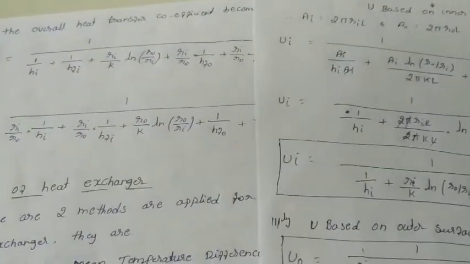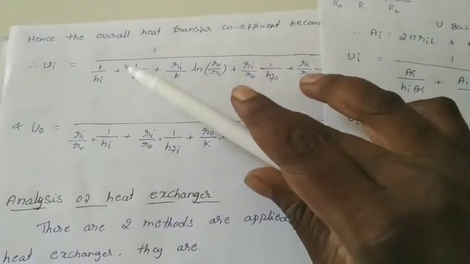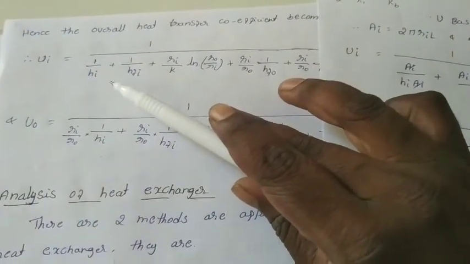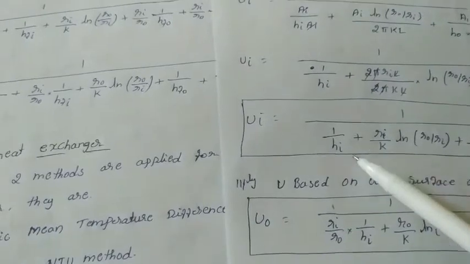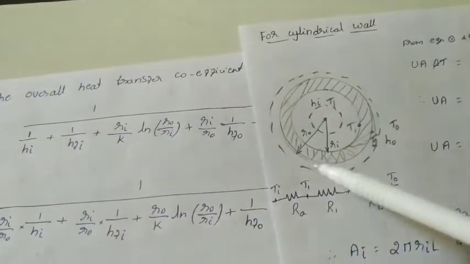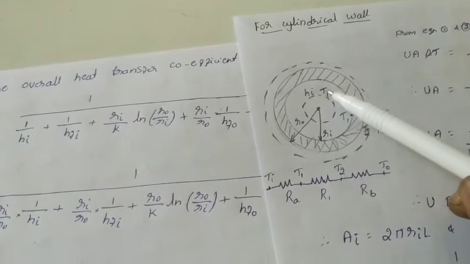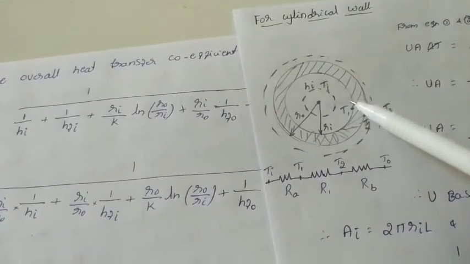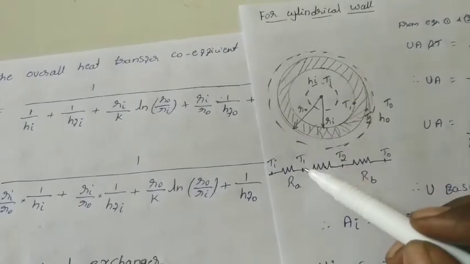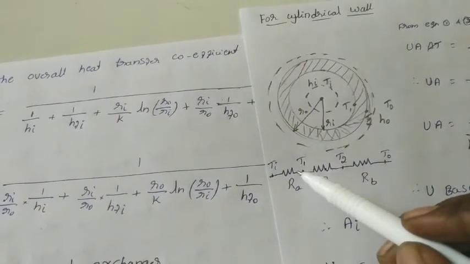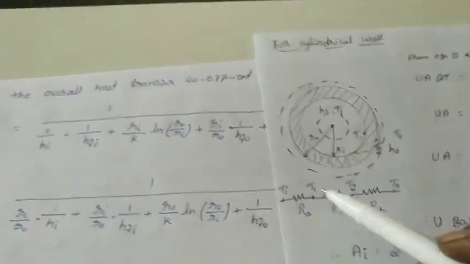Look at it, 1 by hA based on the inner surface area, plus another 1 by hA. After that, on the inner surface, the deposition of scale will form on the inner surface area. Hence this offers another resistance, the resistance called the fouling factor resistance.